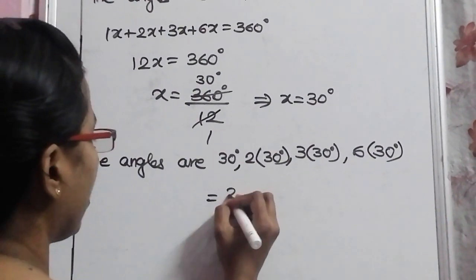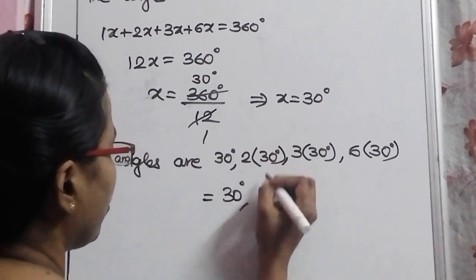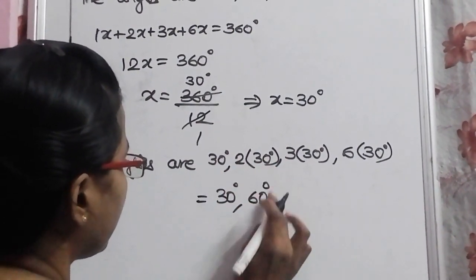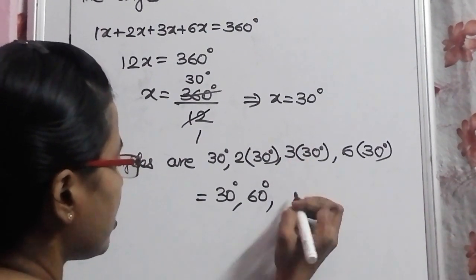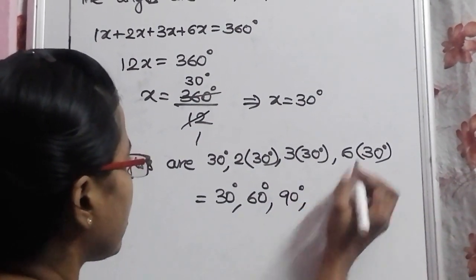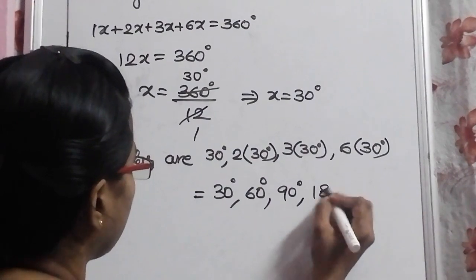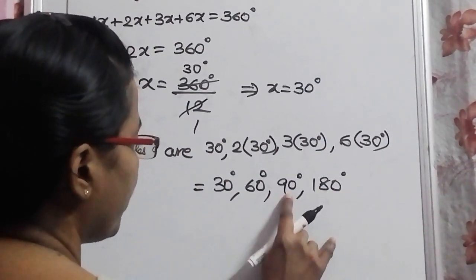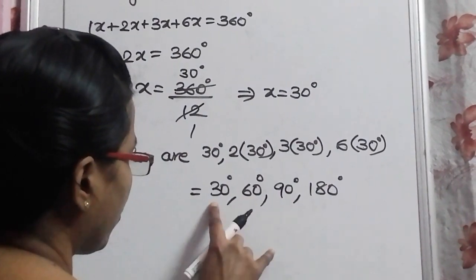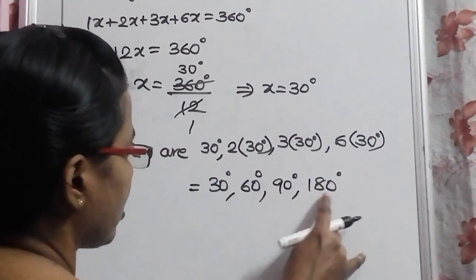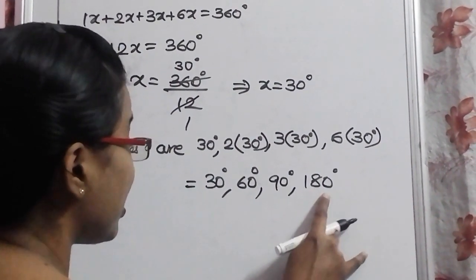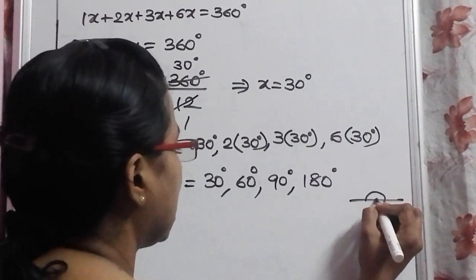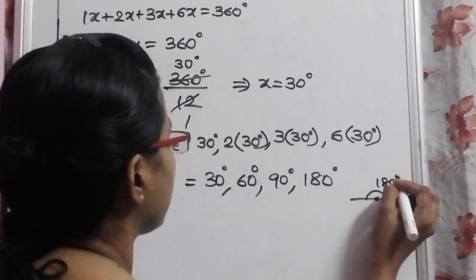So this is equal to 30 degrees, 2 thirties are 60 degrees, 3 thirties are 90 degrees, 6 thirties are 180 degrees. So this is a right angle, and these two are acute angles. 180 degrees is a straight line. The angle formed on a straight line is 180 degrees.